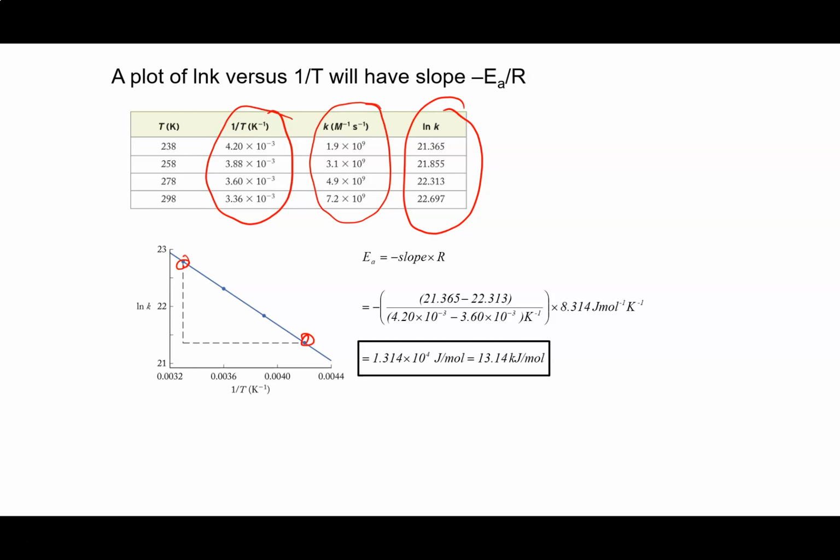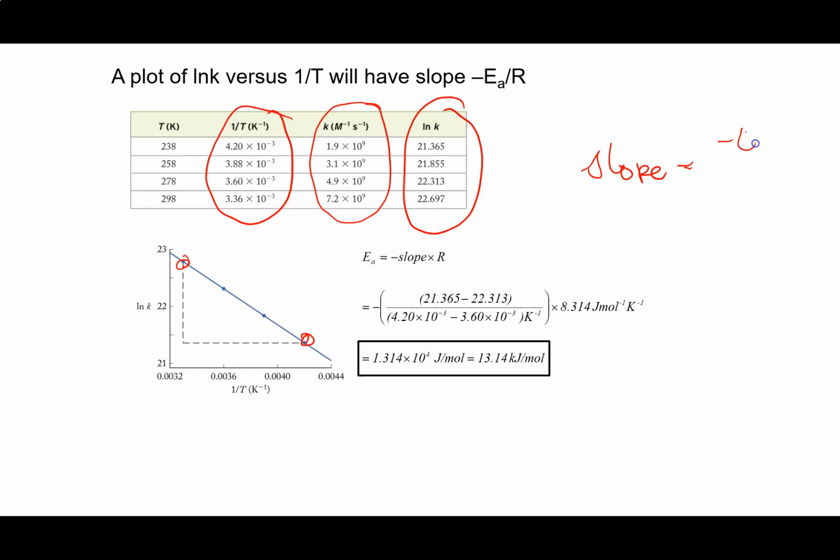I calculated the slope of this line. So it's going to be my first point minus the second to last point, divided by the 1 on T for that first point minus 1 on T for that second to last point. And then that gives me the slope.